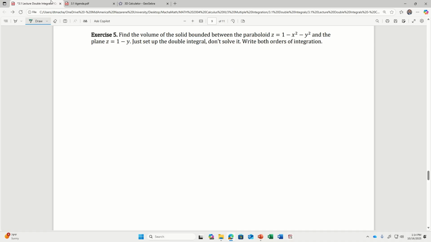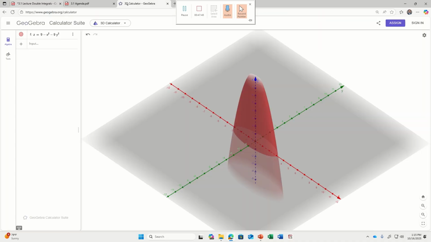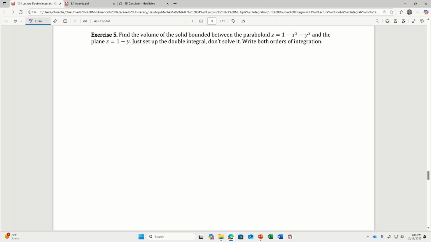Okay, exercise 5. Find the volume of the solid bounded between the paraboloid z equals 1 minus x squared minus y squared and the plane z equals 1 minus y. And so this looks a lot like the previous problem.